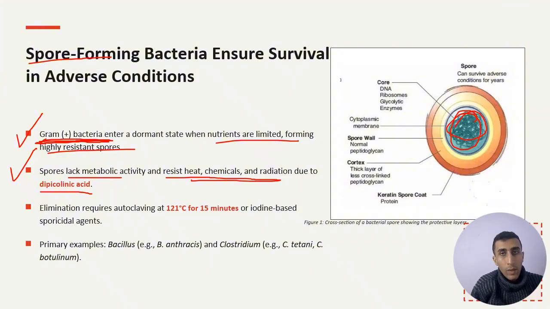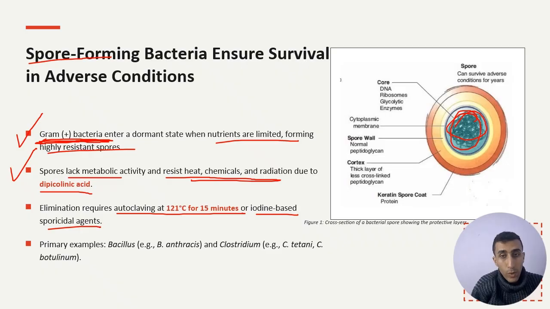Our way to eliminate these spores is either autoclaving at 121 Celsius for 15 minutes, or using iodine-based sporicidal agents. So you use either iodine-based sporicidal agents or autoclaving at 121 for 15 minutes to kill the spores.